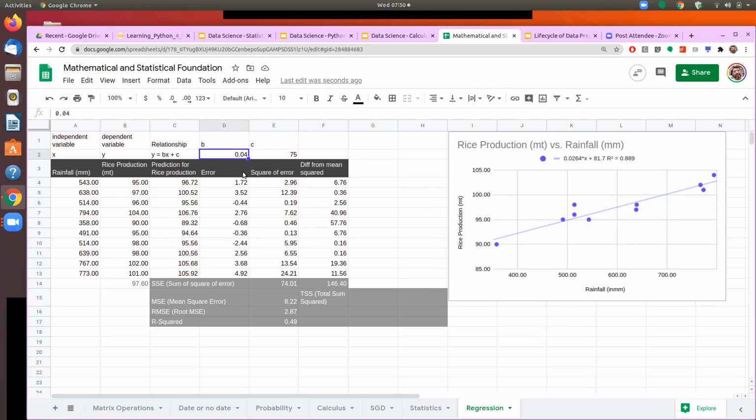So if I replace these values by 0.0264 and we replace this value by 81.7, you see that R square we are getting as 0.89, and this is the best estimation that you can make.